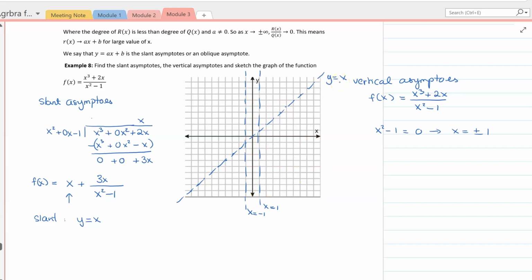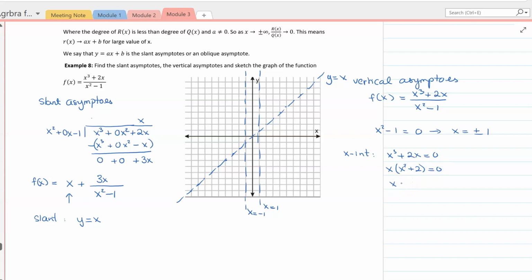We will follow the same procedure to get the graph. So next we'll find the x and y intercept. The x-intercept is the value of x when y equals 0. So when f of x equals 0, x to the third plus 2x is equal to 0. So x times x squared plus 2 equals 0.